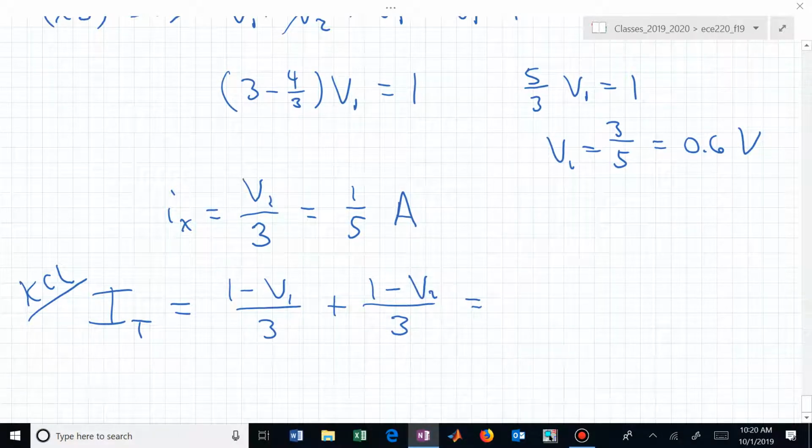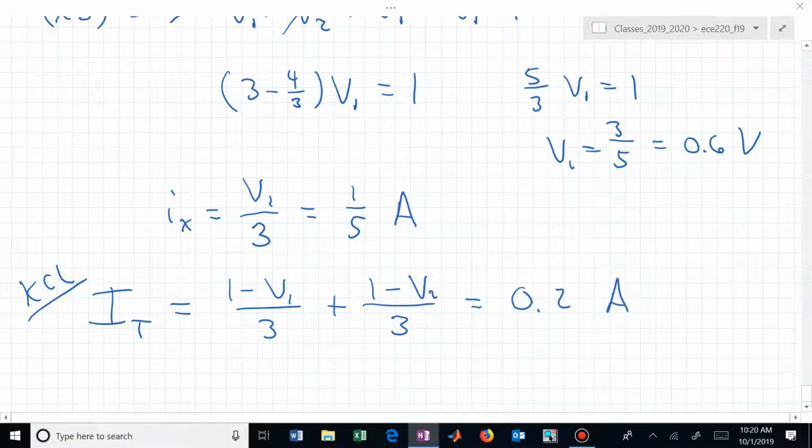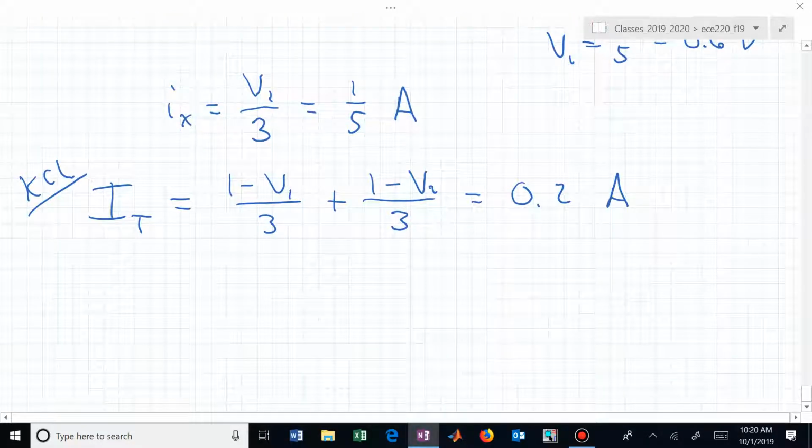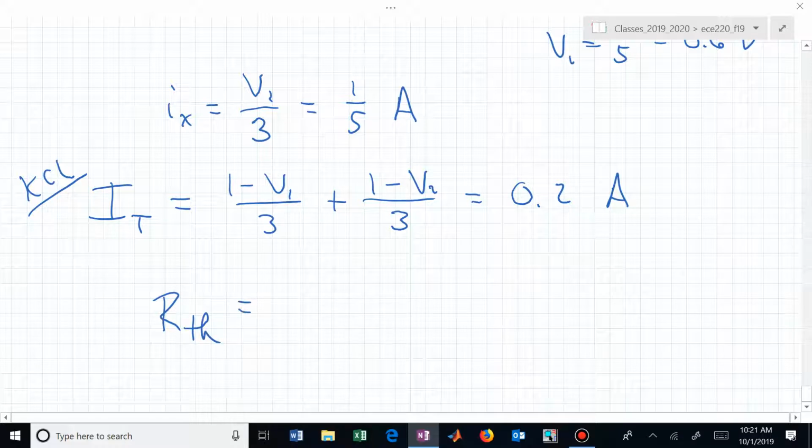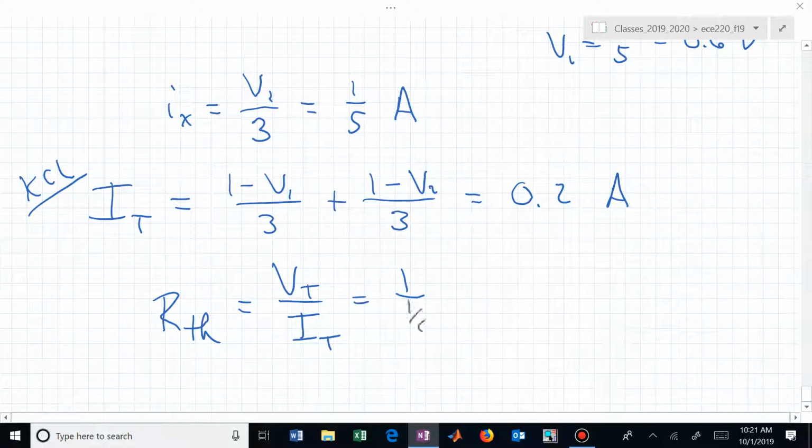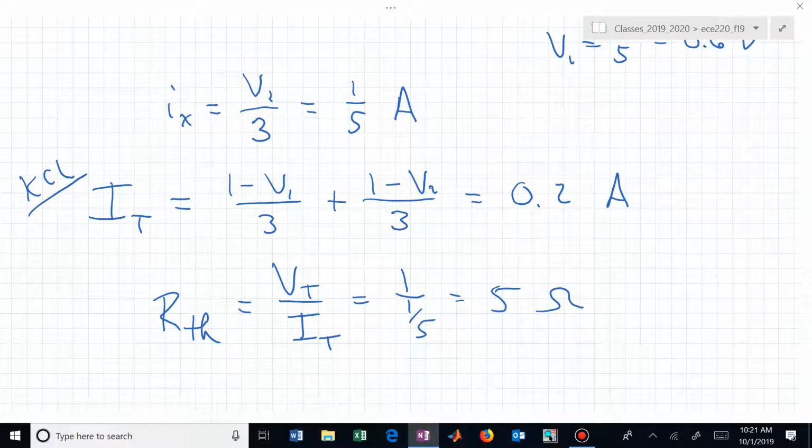And if you go through all of that, you'll end up with this being 0.2 amps. So quickly, we now have our Thevenin. Our Thevenin is VT over IT, 1 over 0.2, or 1/5, or our resistance is now 5 ohms. And that's now our Thevenin resistance looking into terminals A, B in that particular problem. We'll pick up with maximum power transfer next time.